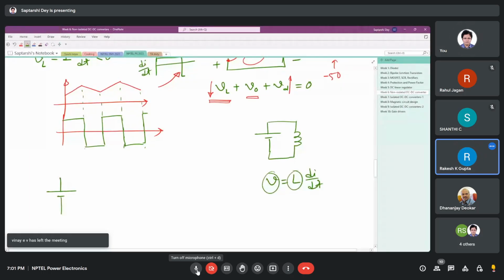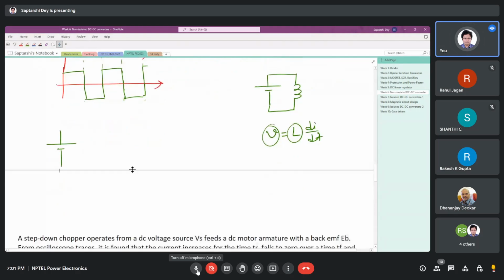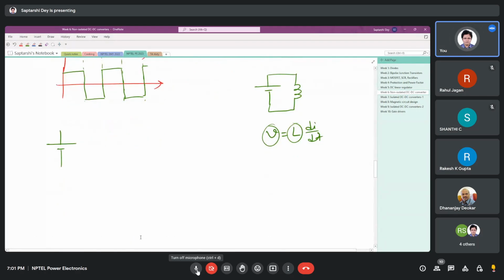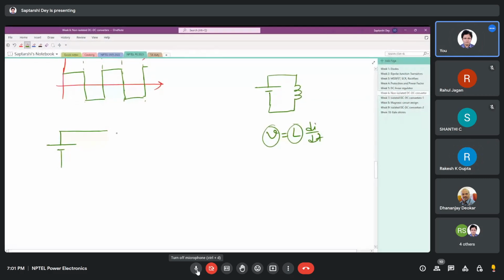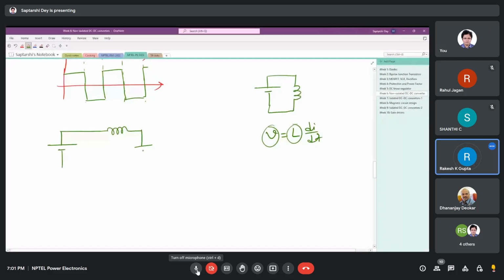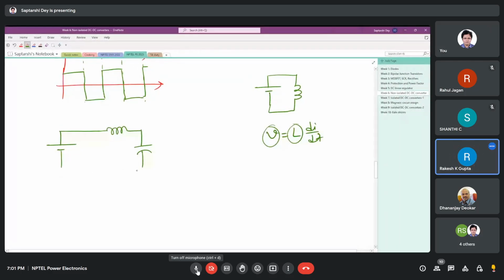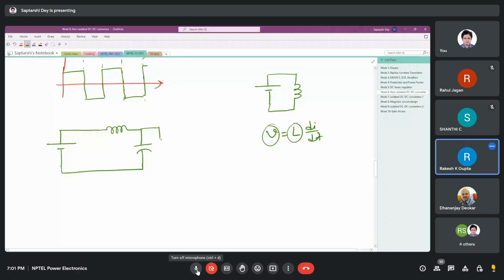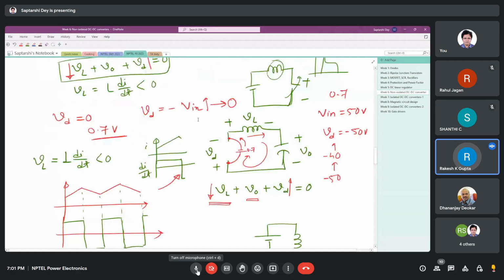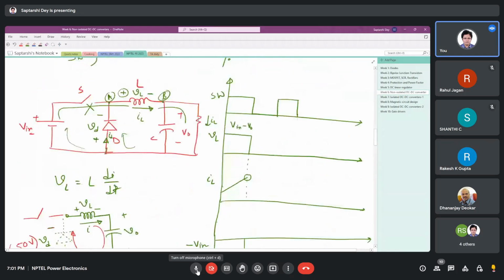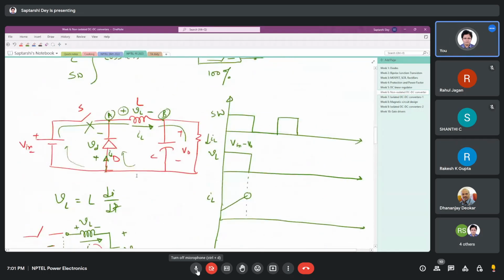So I will draw two circuits. One is the condition when the switch is closed, other is the condition when the switch is open. Yes, sir. So this is the condition when the switch is closed. There is no capacitor, sir. It is only an ideal inductor. This is the buck converter circuit.